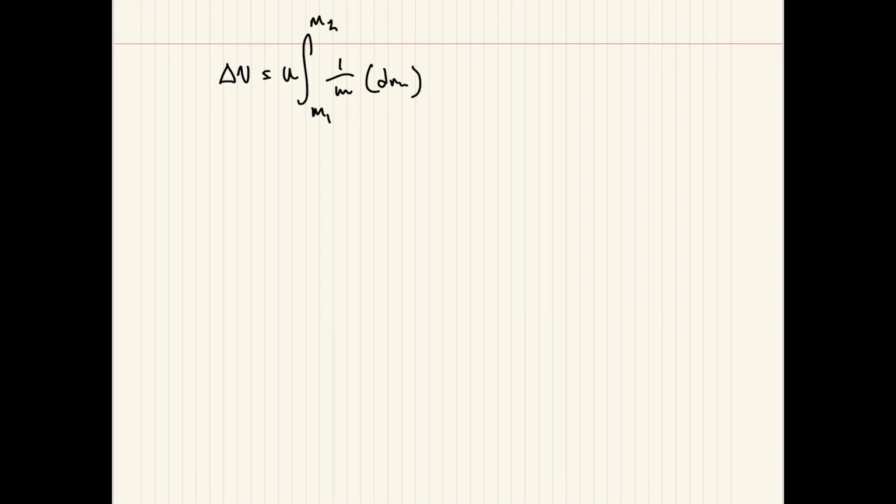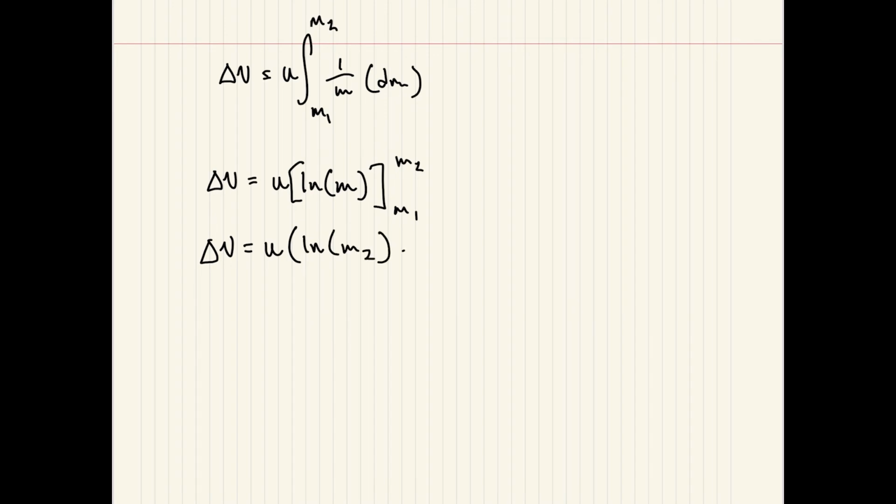That ends up equaling u times ln m, and we still haven't dealt with the upper and lower limits. The next step is delta v equals u multiplied by ln m2 minus ln m1.